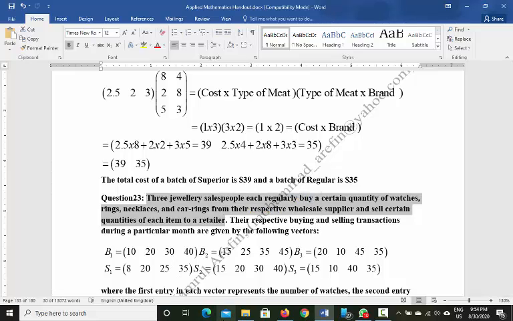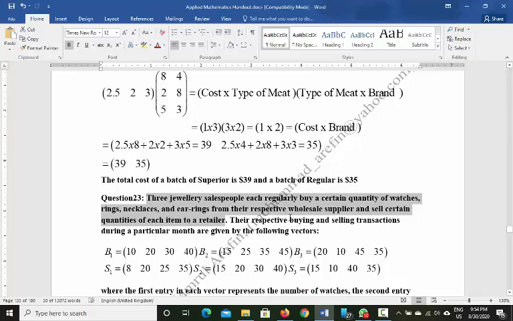So we have 3 jewelry salespeople. Each of them regularly collects watches, rings, necklaces and earrings from a supplier and sells certain quantities of each of those items to a retailer.